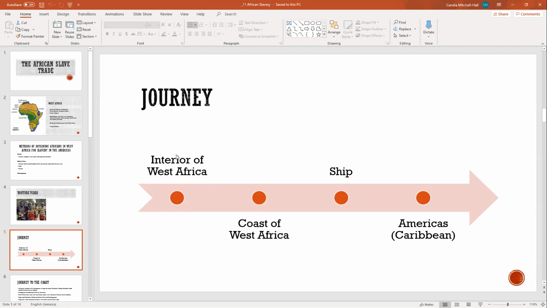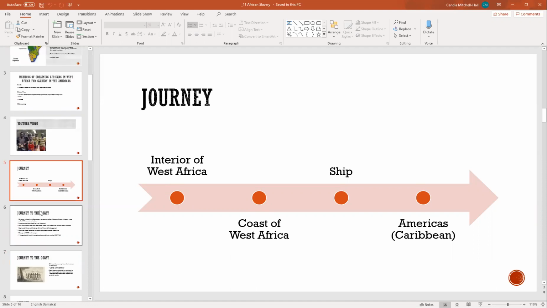They got into this area, obtained Africans, then brought them to the coast, and at the coast there's a ship, and then they brought them to the Americas or to the Caribbean in which we are studying.